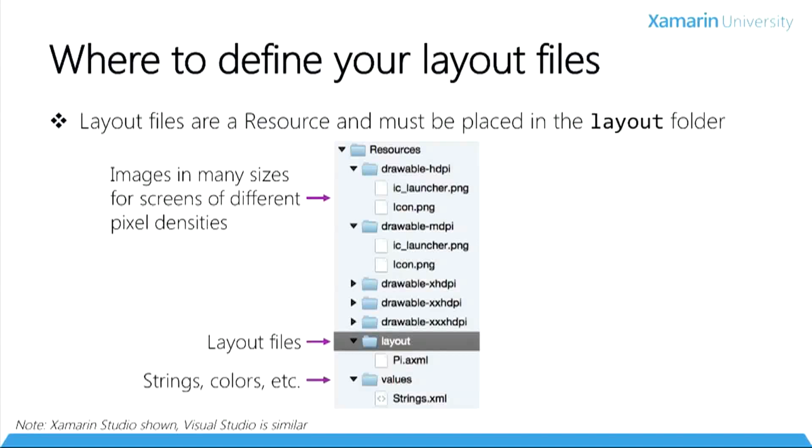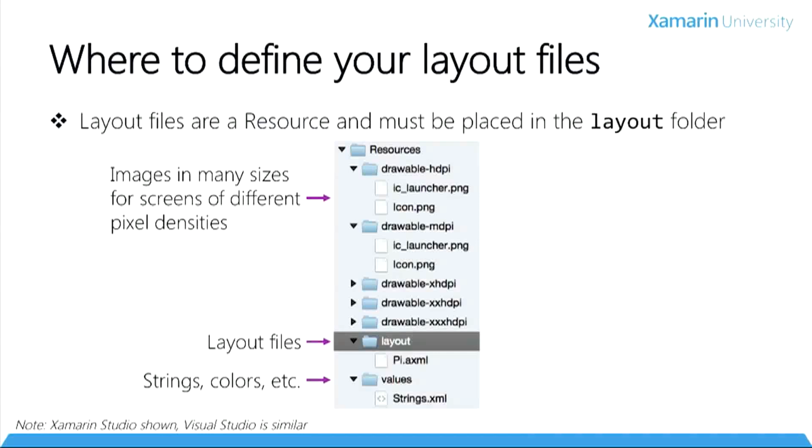There's one more folder I'll just mention briefly called values. Again, this is not something we're going to cover in detail in this course, but it's something that you'll see in your solution, so it's worth just a quick mention. So inside the values folder, you can put what you can think of as symbolic constants almost. So things like strings and colors, things that you don't want to hard code on the actual views in your UI.